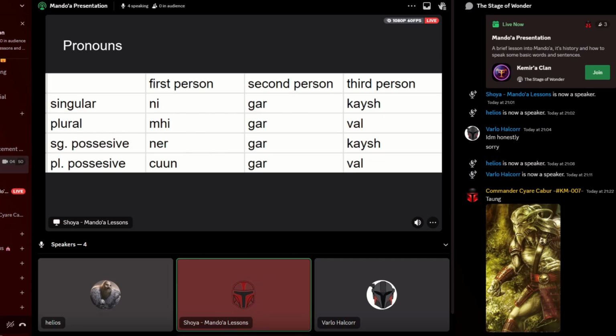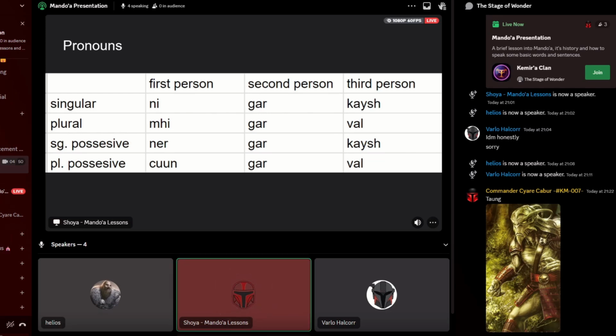Yeah, so pronouns. Really simple pronouns in Mandalorian can be confusing because of how simple they are, but for the most part, I think its simplicity is to its benefit. In the first person, the first person is the only person that has a different possessive form.